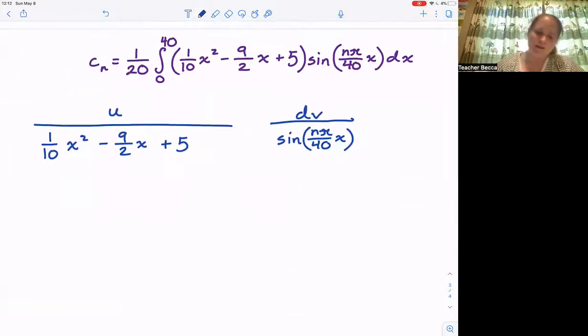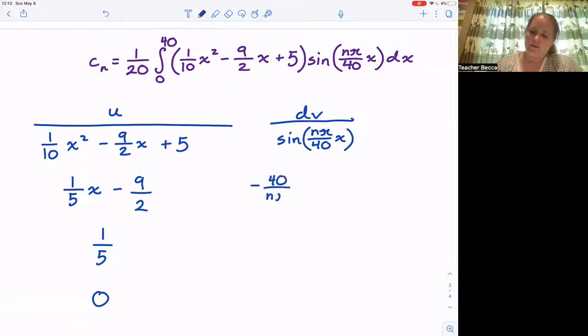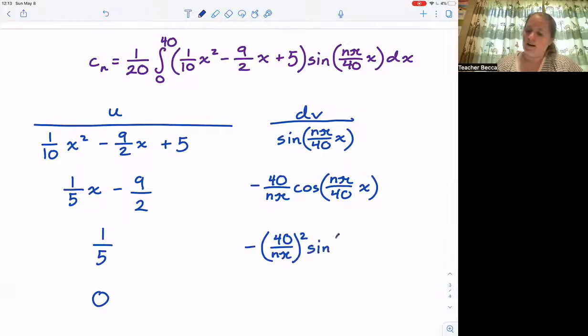Differentiating on the left side, we would go to 1/5 x minus 9/2, then to 1/5, and finally to 0. Integrating on the right, we would go to a negative 40 over n pi times cosine n pi over 40x, then a negative 40 over n pi entire fraction squared sine of n pi over 40x.